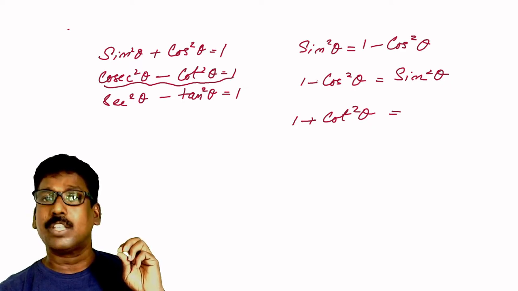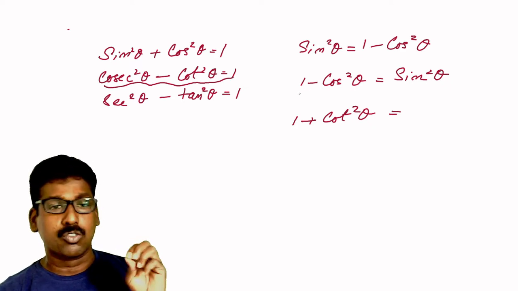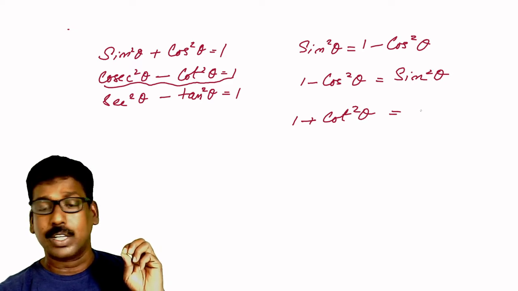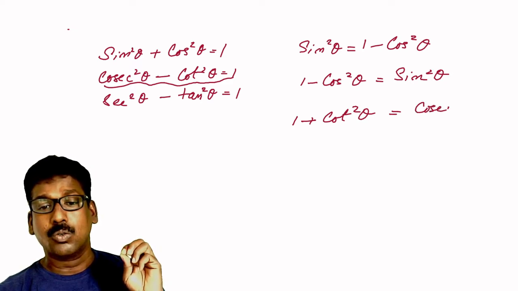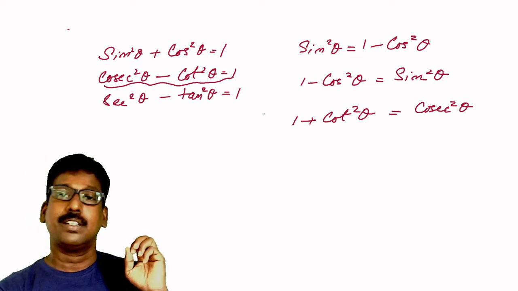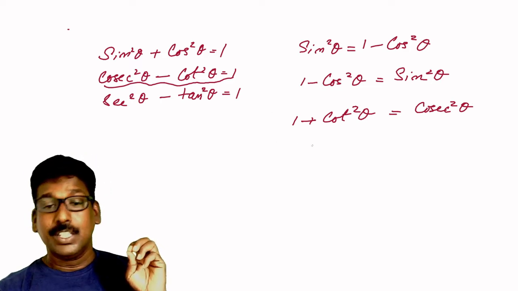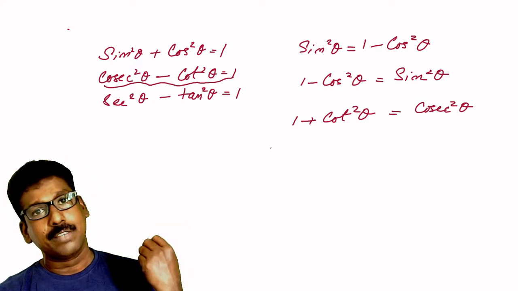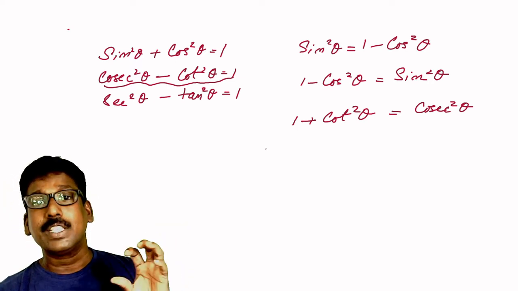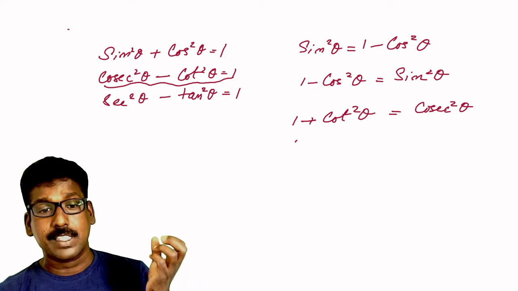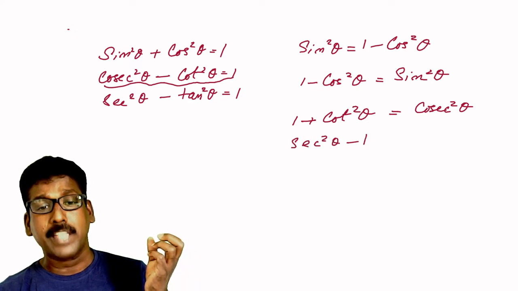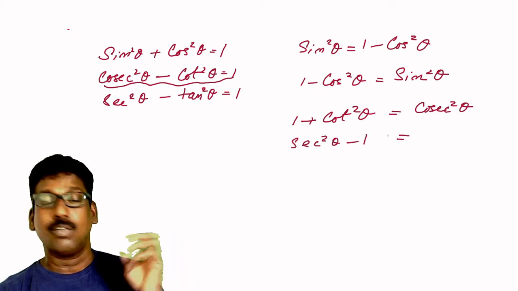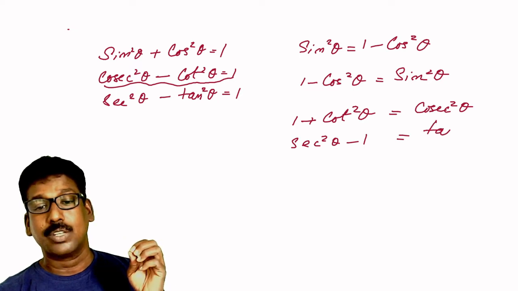Transposing the minus cot square theta, you get 1 plus cot square theta, so you can write it as cosec square theta. Similarly, 1 plus tan square theta is sec square theta, and sec square theta minus 1 is tan square theta.